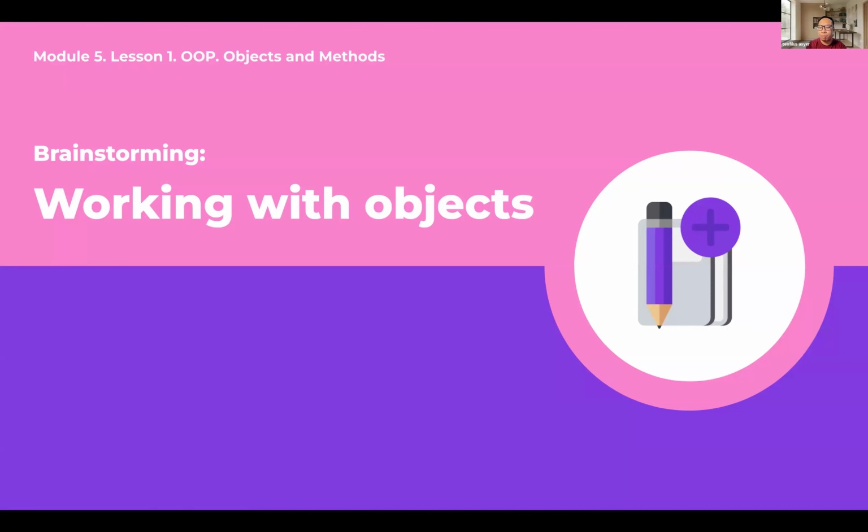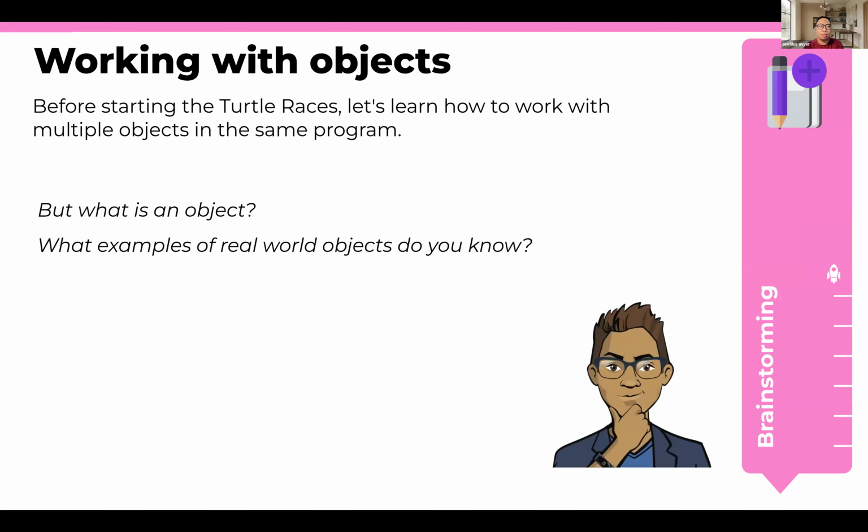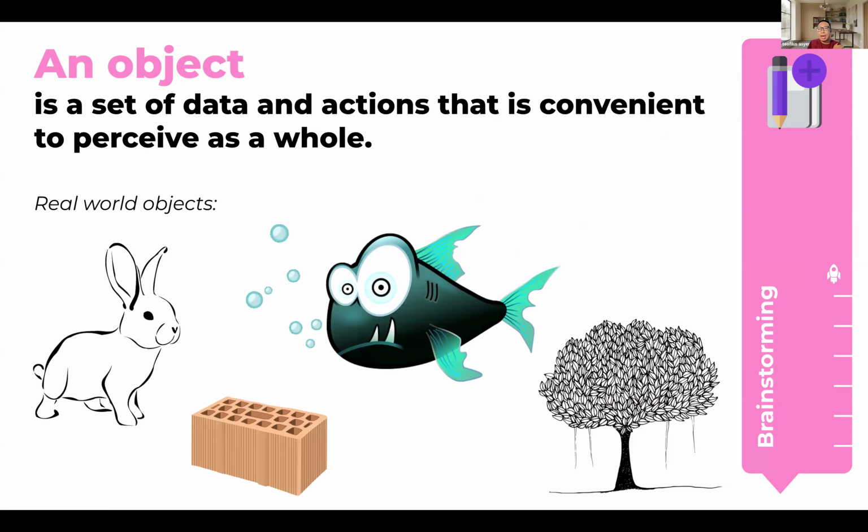And let's go learn about objects. The formal definition of objects is a set of data and actions that is convenient to perceive as a whole. But in my own language, I prefer to say that an object is something that you can hold, something that you can command, something that you can see, something that you can feel, right?